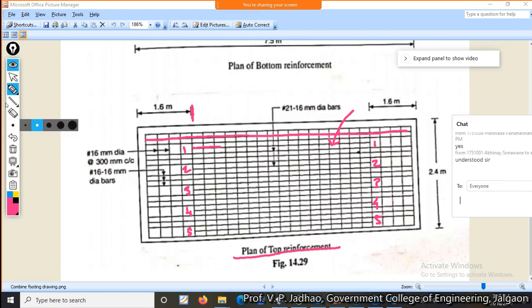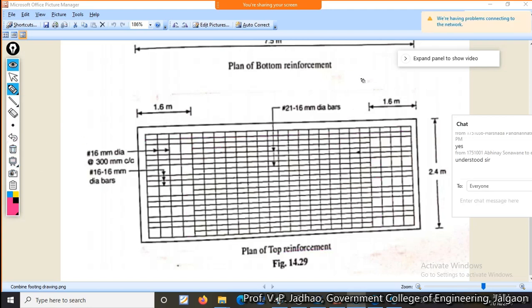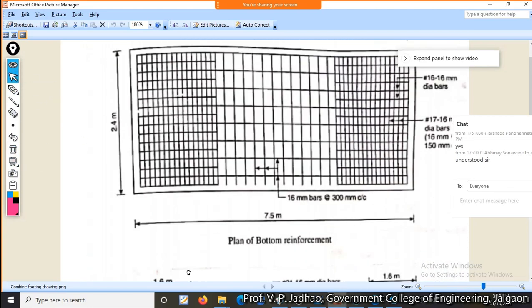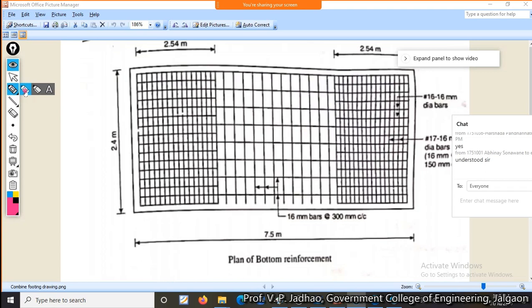Okay, now we'll go to the bottom reinforcement. Now we know that we calculated the bottom reinforcement to be provided in this particular region only.